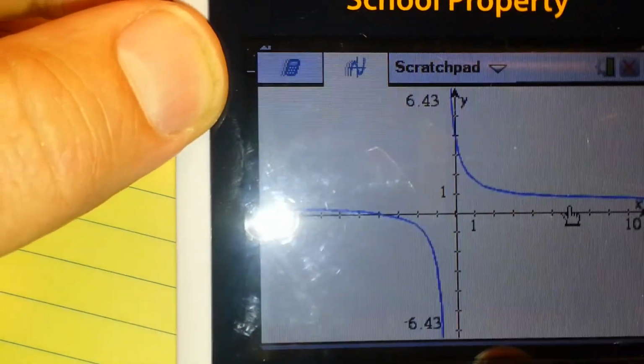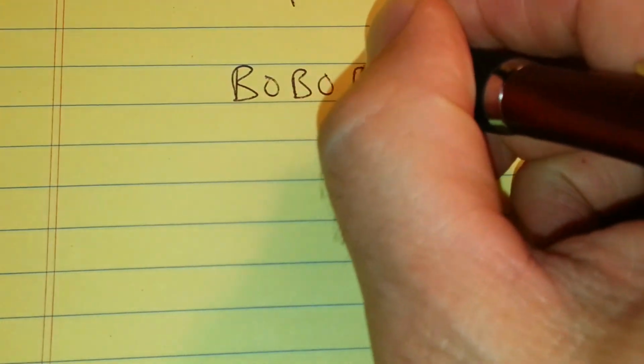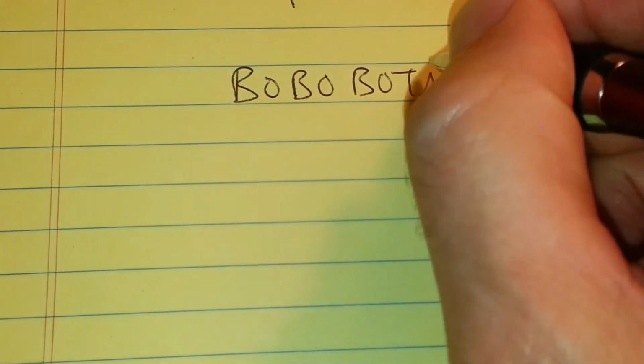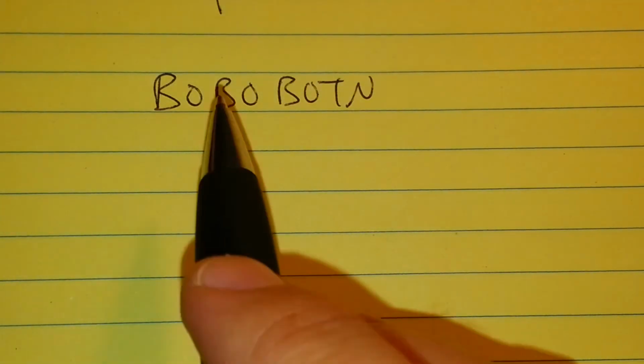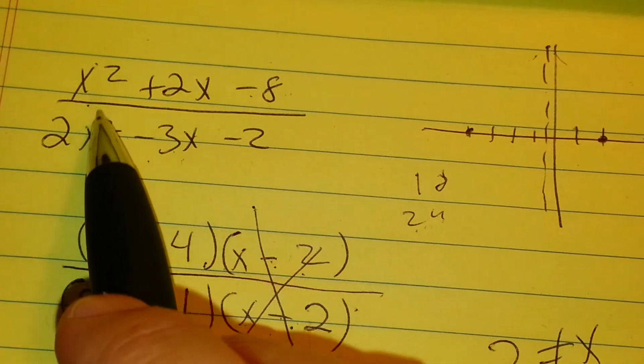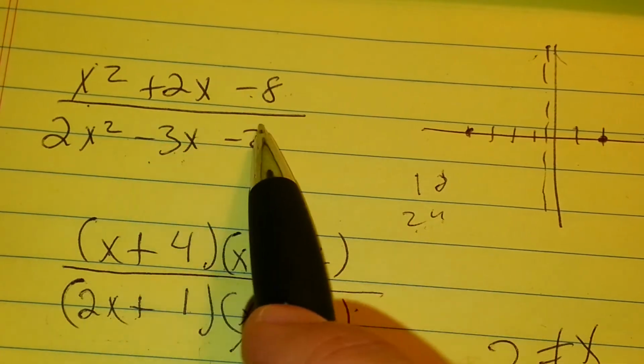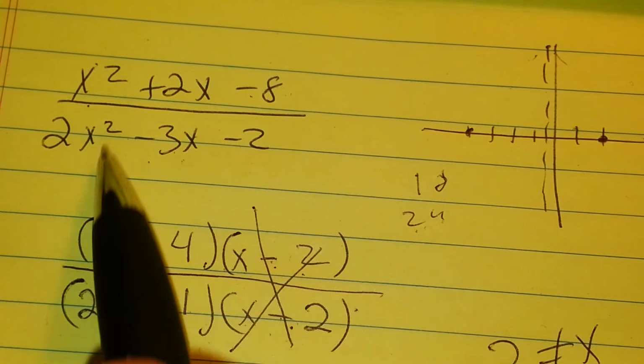How do we get our horizontal asymptotes? Remember this acronym, BOBO BOTTEN. This is about the exponents of the leading term. We don't care about the rest of this, just the leading terms.